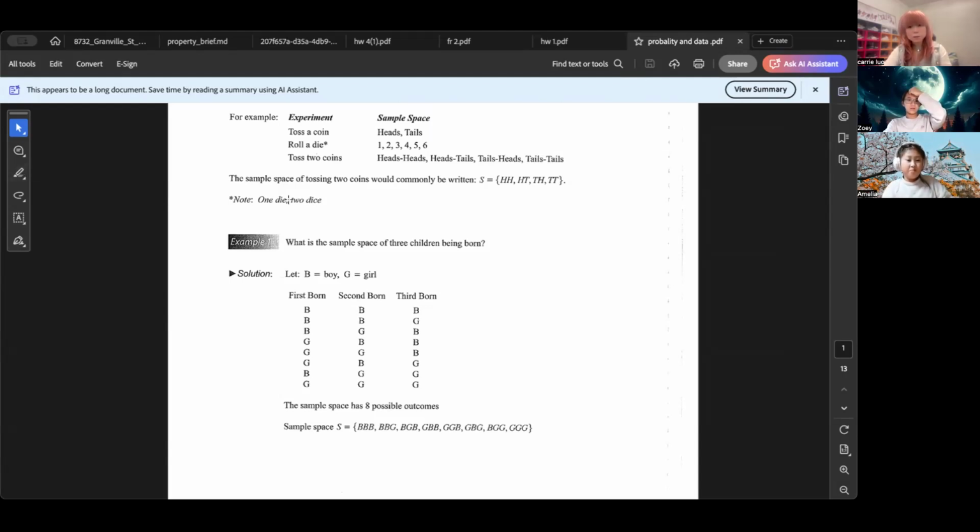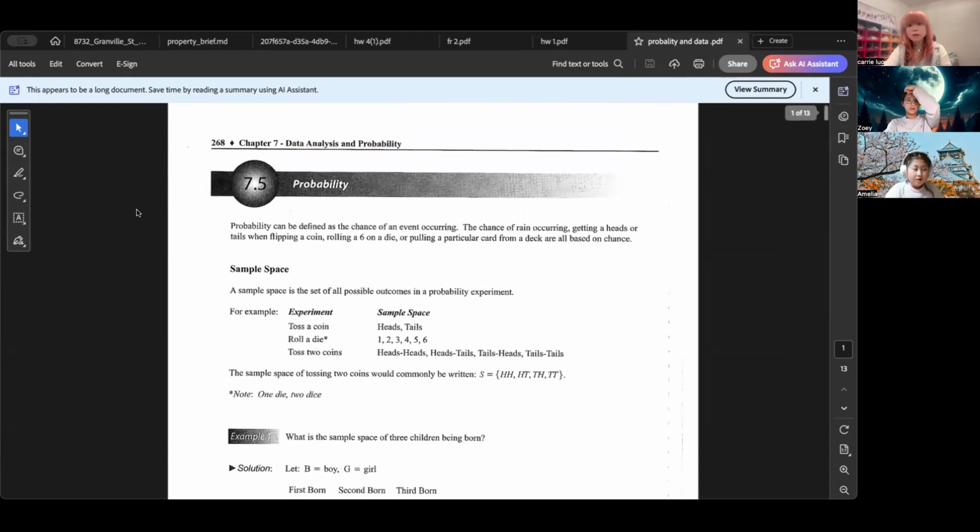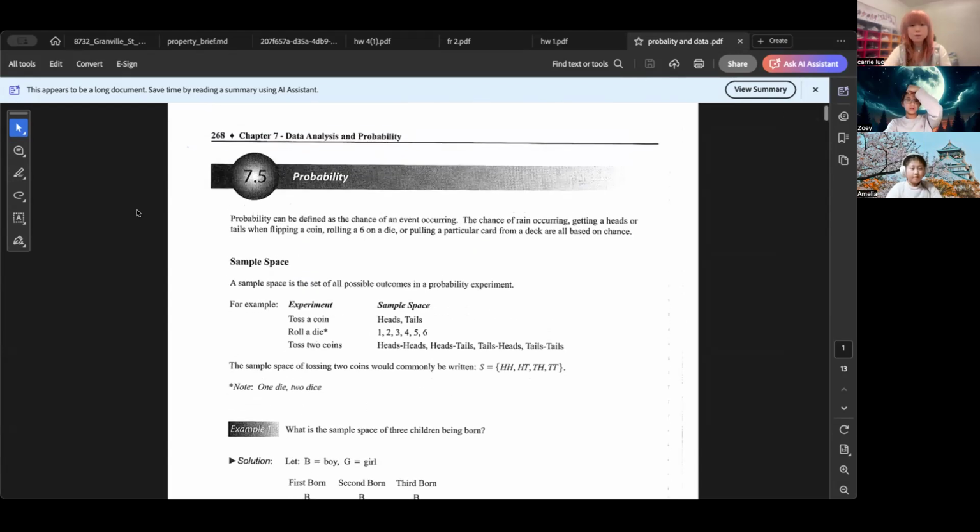So let's take a look at this one. First of all, we have to understand that probability can be defined as the chance of an event occurring. For instance, Zoe, your grandparents cook for you every day, right? Who does the cooking in your family?